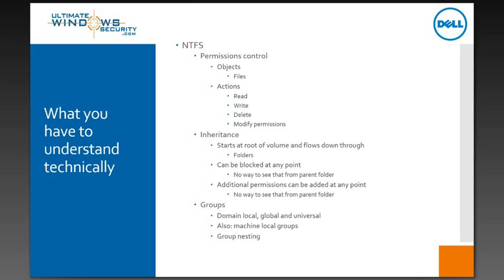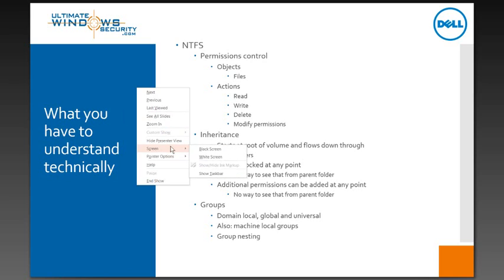Now, we have the same groups available to us from Active Directory: domain local, global, universal groups. But if this is a Windows file server, a member server that is a non-domain controller, we also have machine local groups. And this is the first kind of group I don't like and I disapprove of.